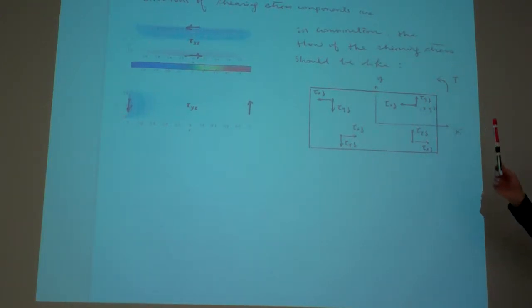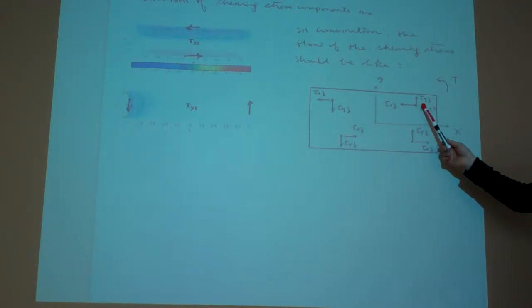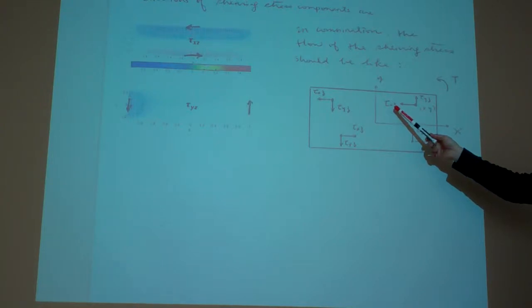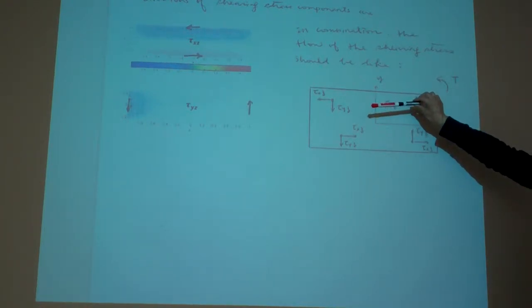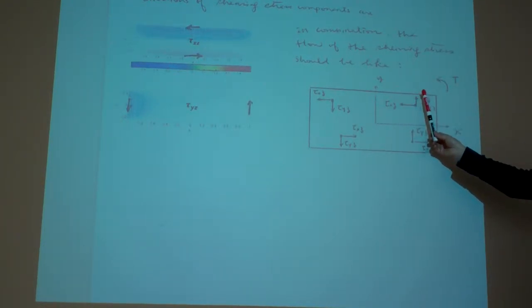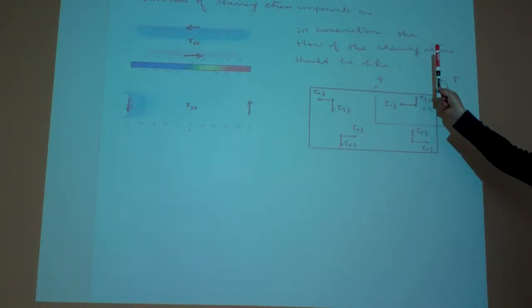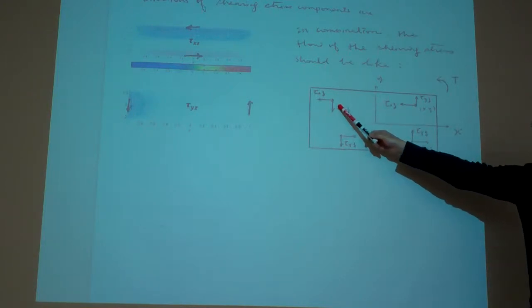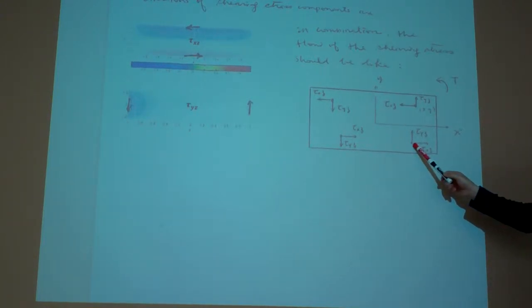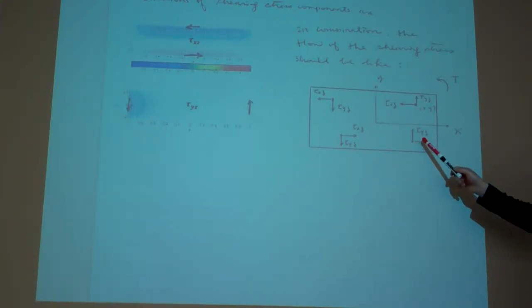Okay, in terms of the magnitude, because I have calculated, I know that in the first quadrant tau ZX is negative. Negative means the direction must be going that way. In the first quadrant, this component is positive, so I know that it's going upward. Okay, so I specifically identify the correct directions of the stress components.